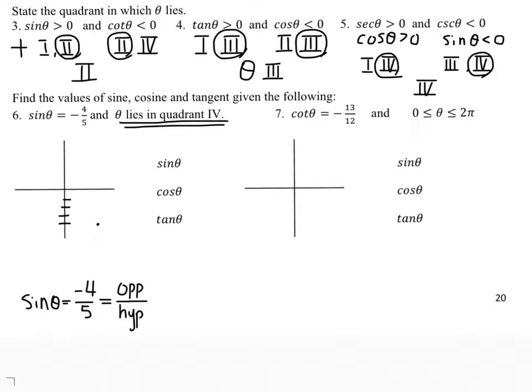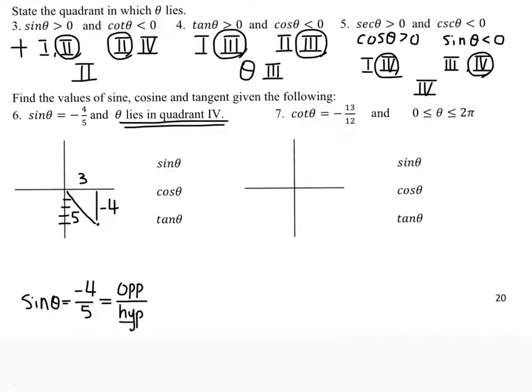And how about your adjacent side? Is this the Pythagorean triples? The opposite side is negative 4, so our adjacent side is going to be 3. And of course, you can use your Pythagorean theorem to calculate.